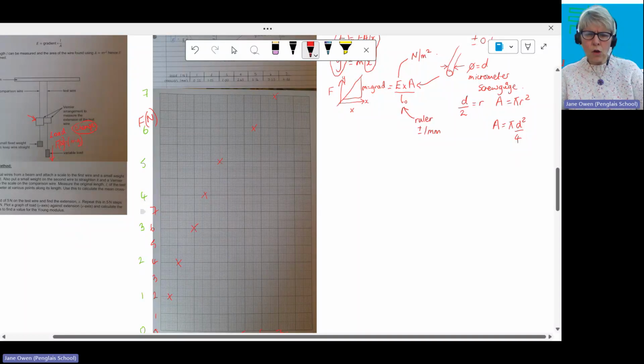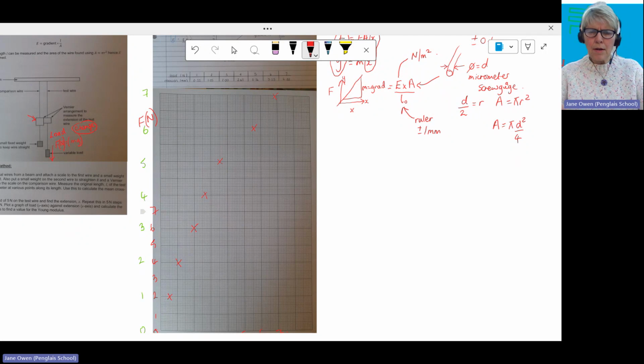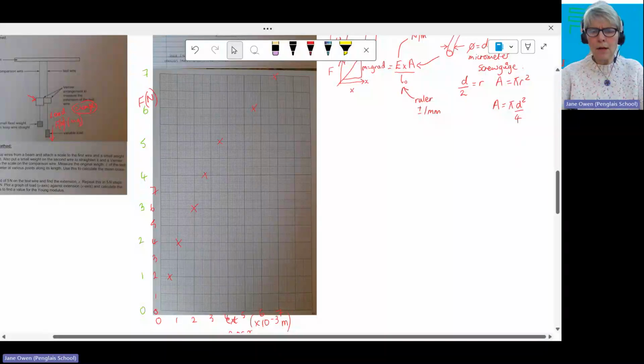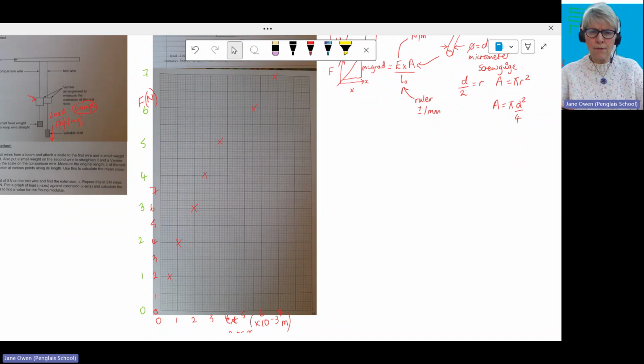That's not looking too bad, not looking the best, but let's see if I can do a straight line. Now you're going to have a clear plastic ruler, and when you put your ruler on, run it so you've got an equal distribution of points either side of the line along the whole length of the line.